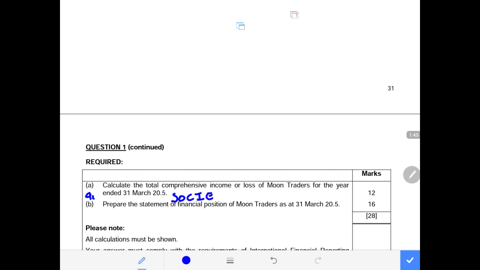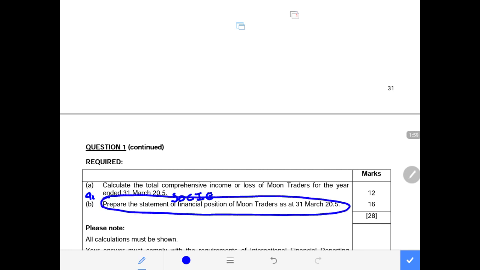Now, we are not required to prepare the statement, but we are to show the calculations of the statement under the statement of financial position. So we must do the workings of the statement of equity under the statement of financial position under the line item called equity or capital.